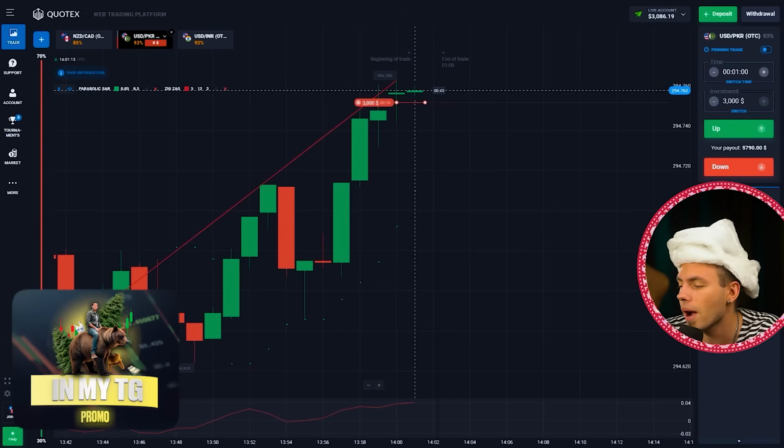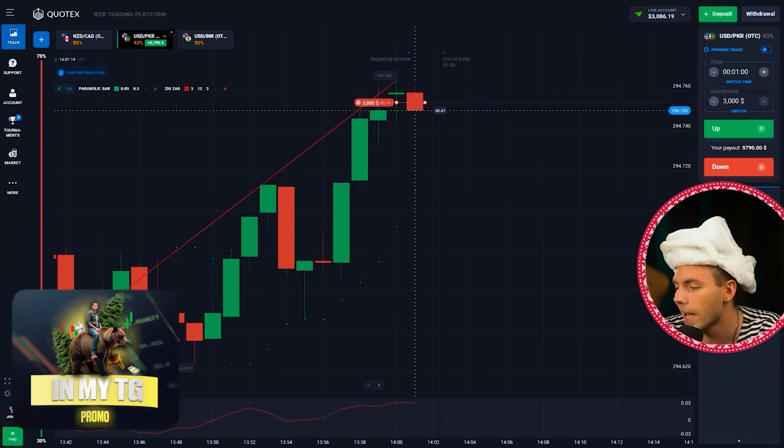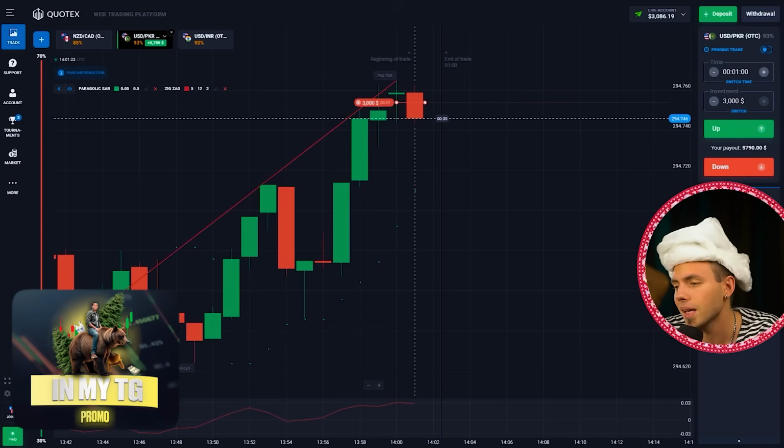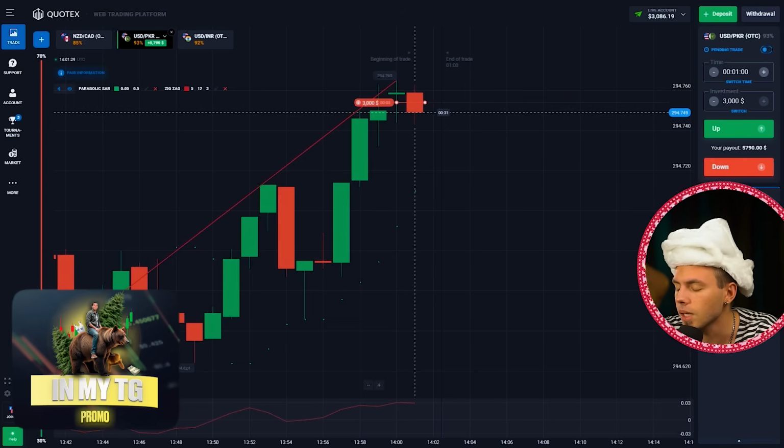Basically, that's why we will also see the rebound of the price from this level, and that's normal. Okay, we expect a move down. The overbought is too strong, and yeah, very similar situations, guys. Very similar situation.